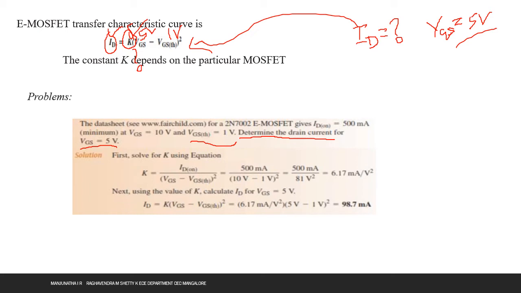What is the K value? To find out K, the same equation I can rearrange: K is equal to ID by (VGS minus VGS threshold value) whole square.